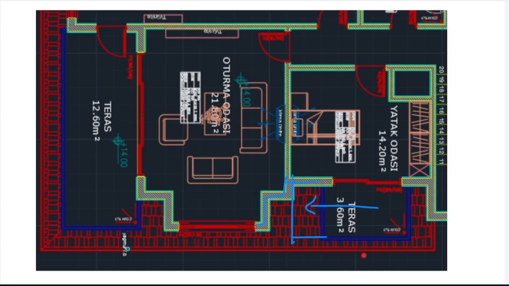And you can consider this option as well to increase the terraces. And then another issue is that here, you are creating this one like a U shape, because it will give you a nice, let's say, balcony.